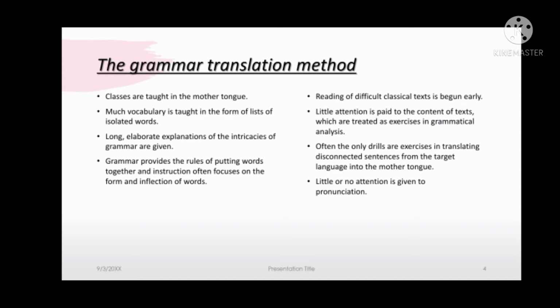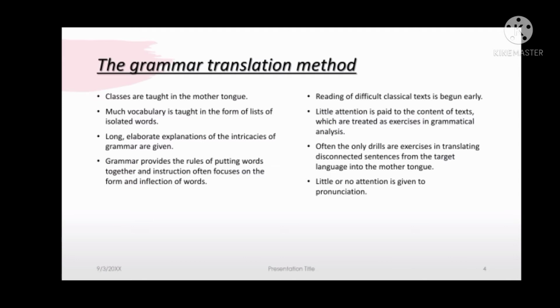And the second one is much vocabulary is taught in the form of lists of isolated words. The next is long, elaborate explanations of the intricacies of grammar are given, and grammar provides the rules for putting words together, and instruction often focuses on the form and inflection of words. The next is reading of difficult classical texts is begun early.